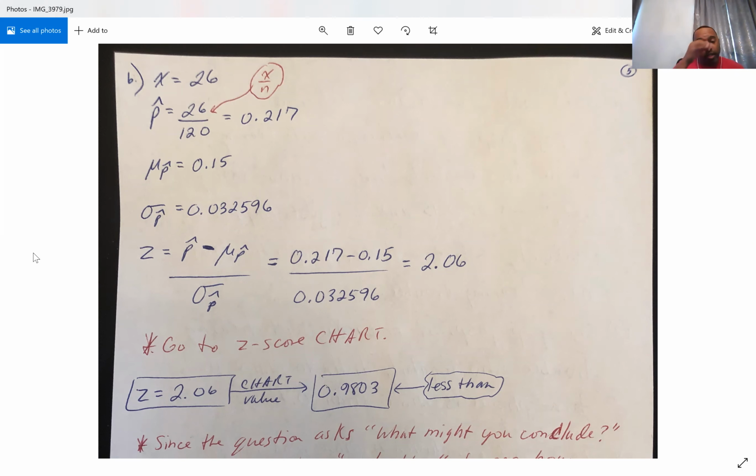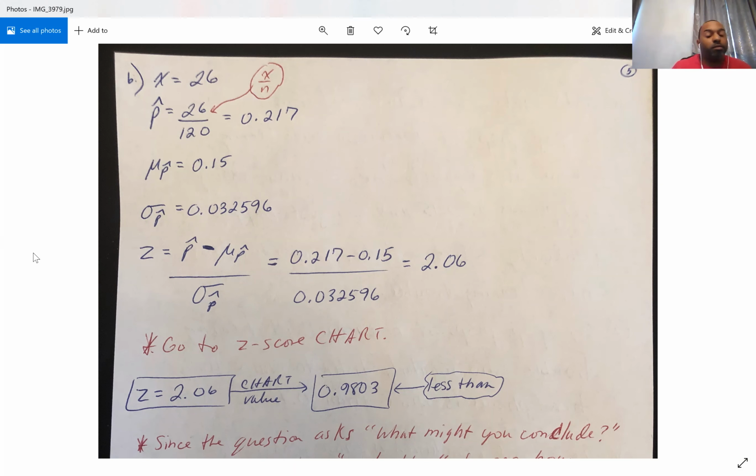That's the characteristic that we're talking about. So don't forget we need our P hat. P hat is X over N. So we do 26 over 120. That gives us 0.217.